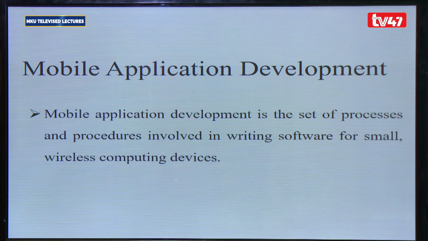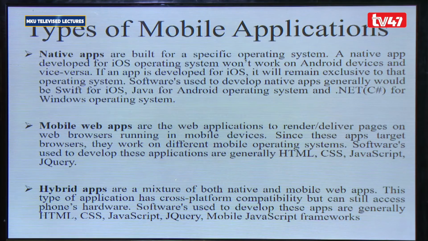So we have to check on different types of mobile application. The first one is called the native application. The native apps, as the name suggests, are built on a specific operating system.